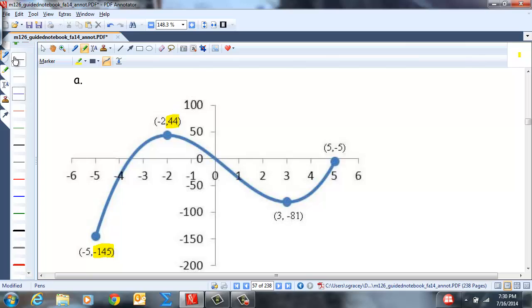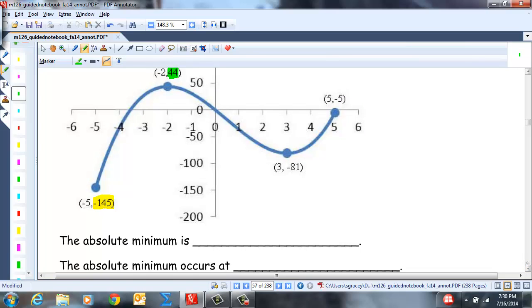So let's talk about what's going on. I have some stuff written down here. Actually, I'll highlight it in different colors. So this is the highest one. So the absolute minimum is negative 145.